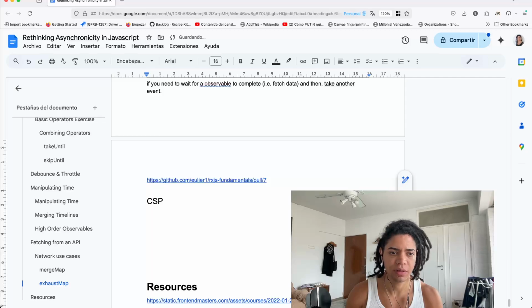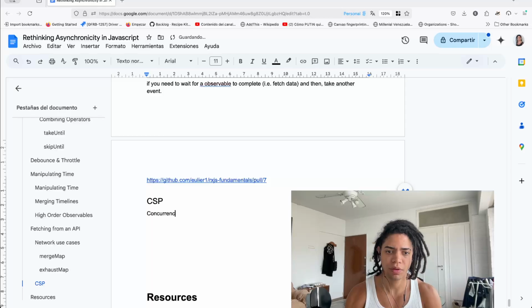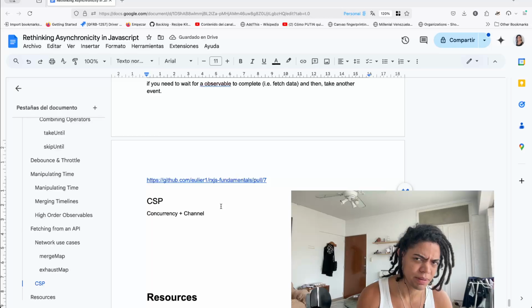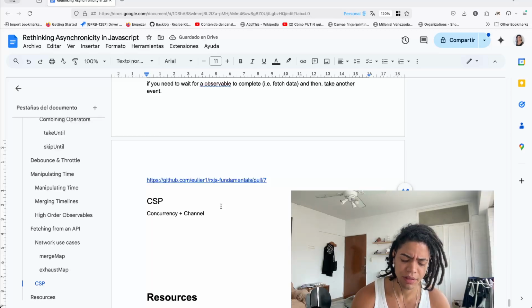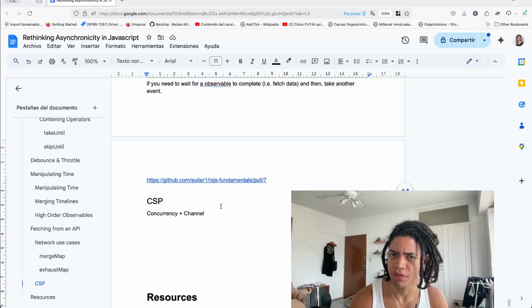Okay, this is CSP, concurrency plus channel. The funny thing about this is that this particular pattern is being used, for example, in scheduling notifications.